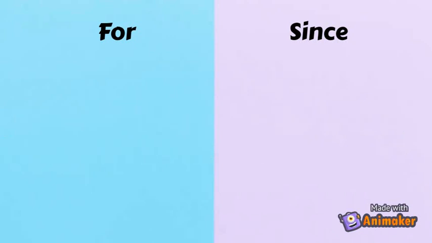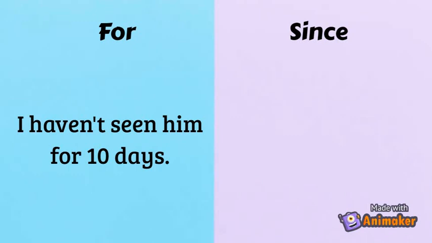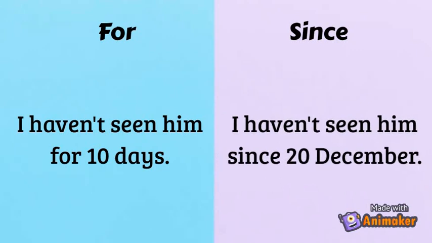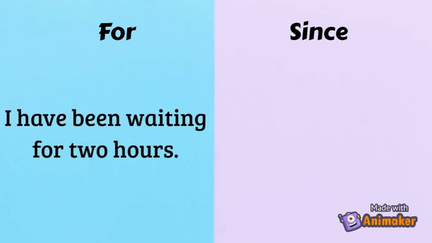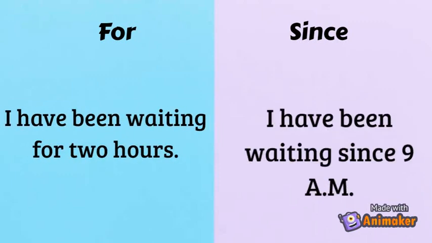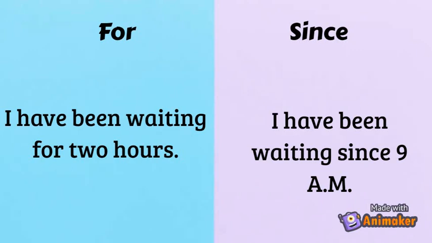I haven't seen him for 10 days. I haven't seen him since 20 December. It's the same case too. I have been waiting for 2 hours. I have been waiting since 9 a.m.